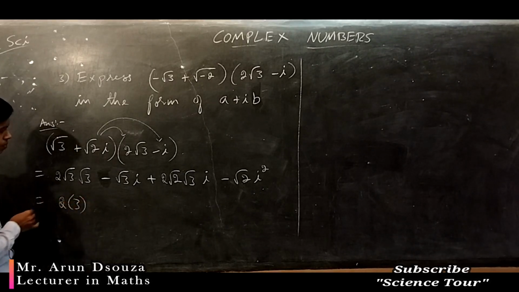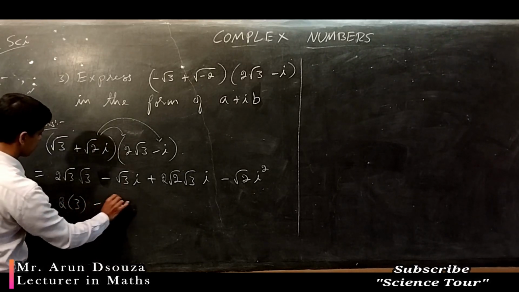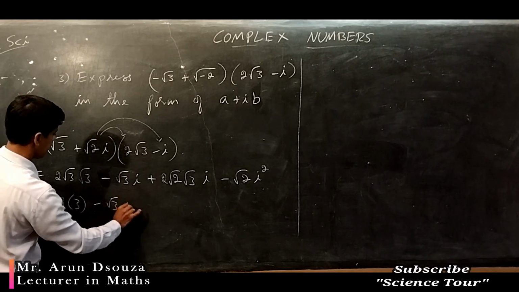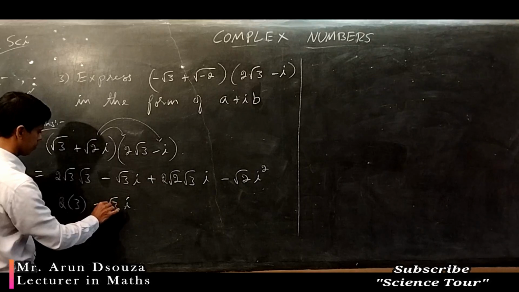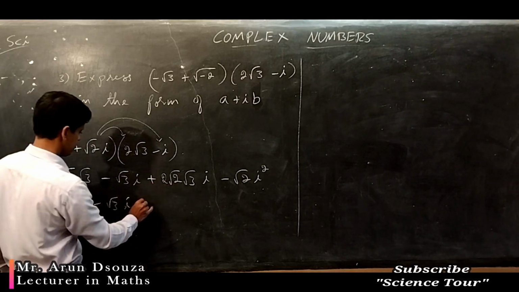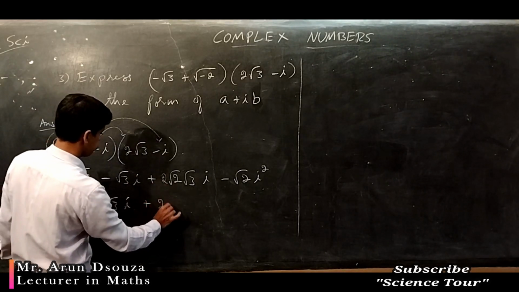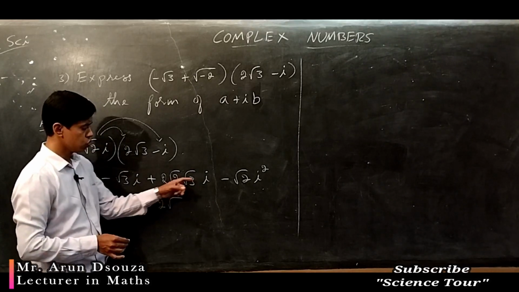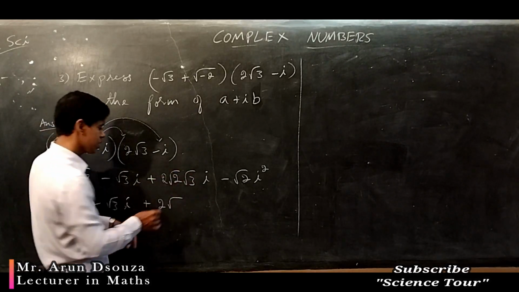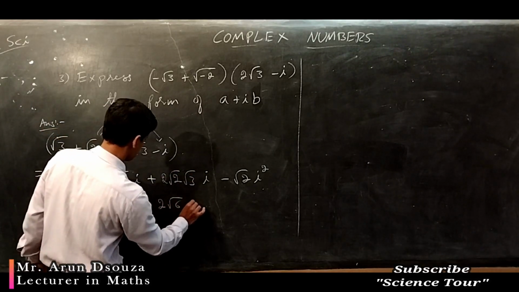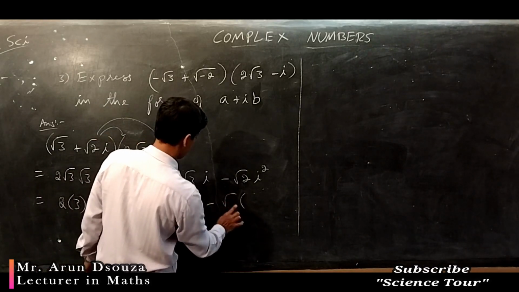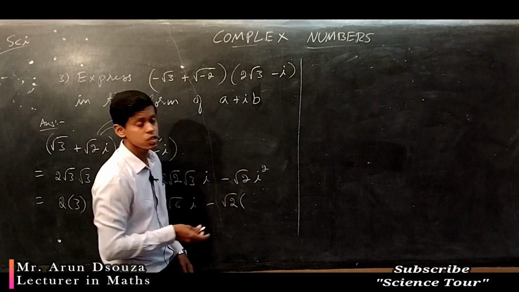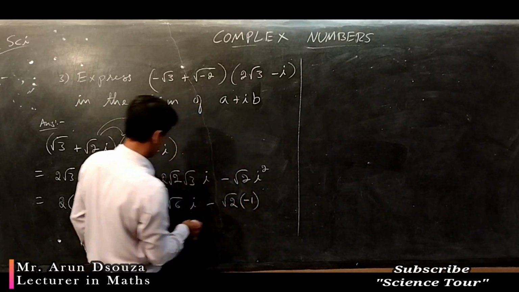2 into 3, and this is minus root 3I. And this is 2 root 2 into root 3. 2 into 3 must be multiplied, so that is root 6, minus root 2 I square, which is minus 1.